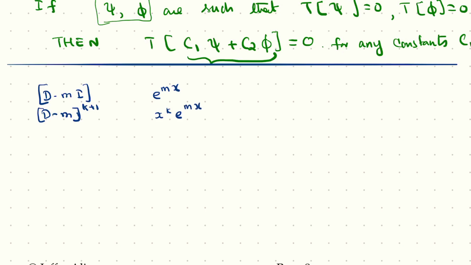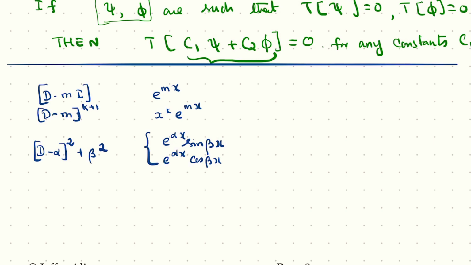And if you have e to the alpha x sine beta x, or e to the alpha x cosine beta x, both of them would be annihilated by D minus alpha, the whole squared, plus beta squared.